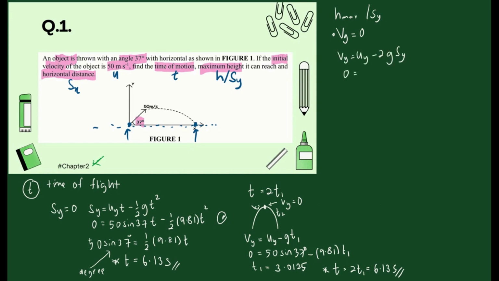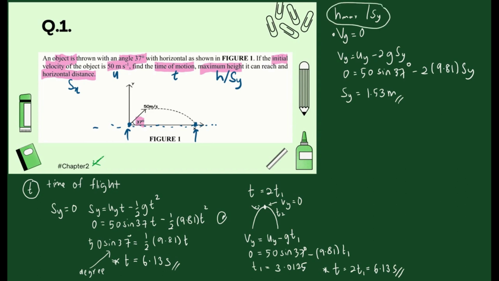So 0 equals 50 sine 37 degree, squared, minus 2 times 9.81 SY. Then you will have your SY equal to 1.53 meter. So this is for maximum height.